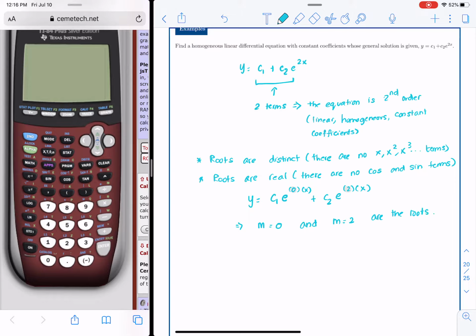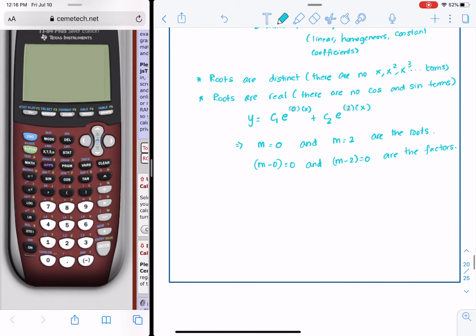If I move the 0 to the other side, nothing happens. So m minus 0 equals 0, and m minus 2 equals 0 are the factors. Now I'm going to multiply the two factors together.